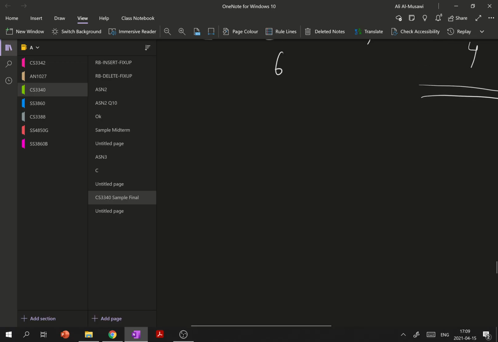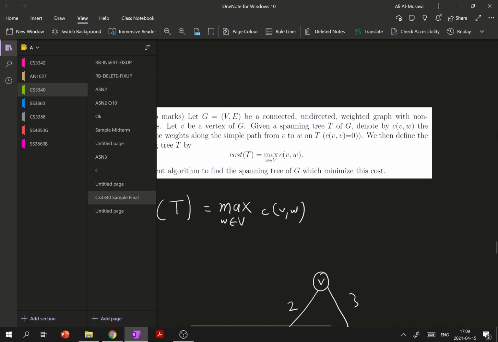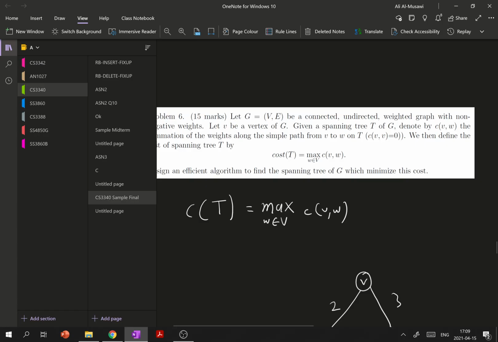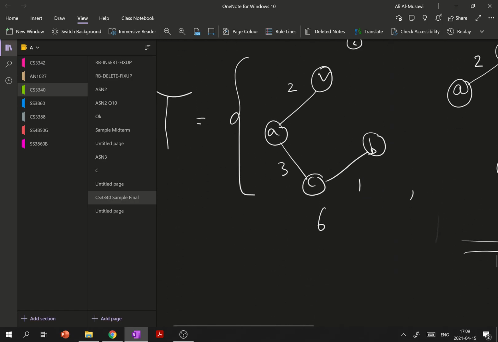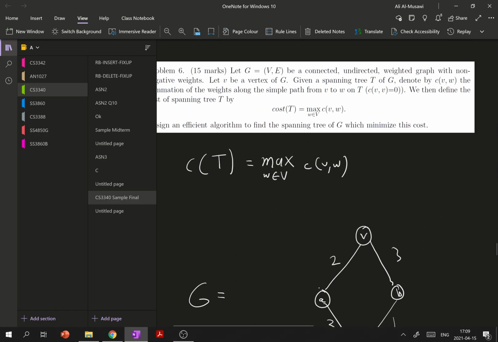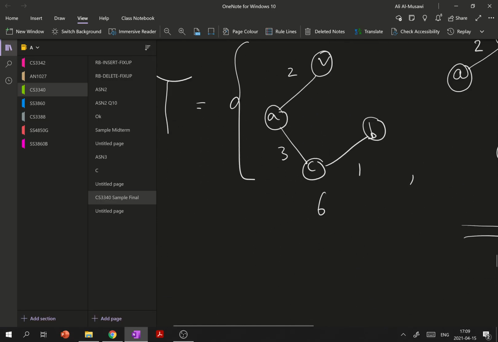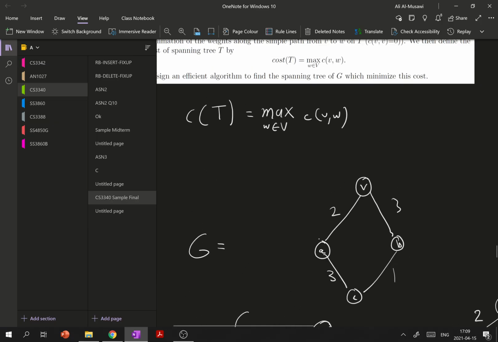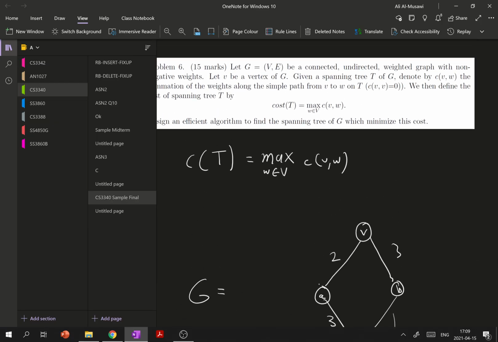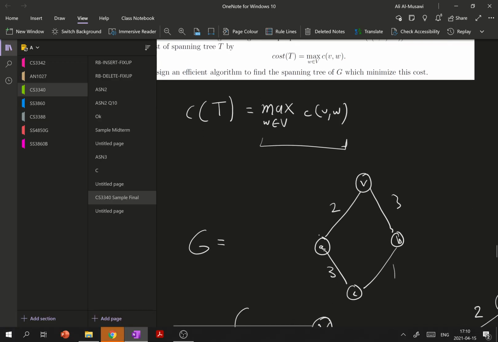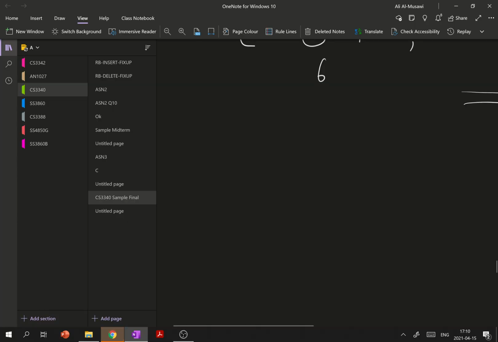The algorithm that would solve this is in fact just Dijkstra, because we're trying to minimize just the maximum path, but Dijkstra minimizes every path from V to every other vertex. So this is a specific case of Dijkstra, and intuitively Dijkstra solves this.